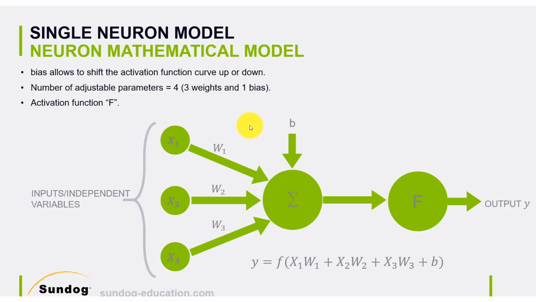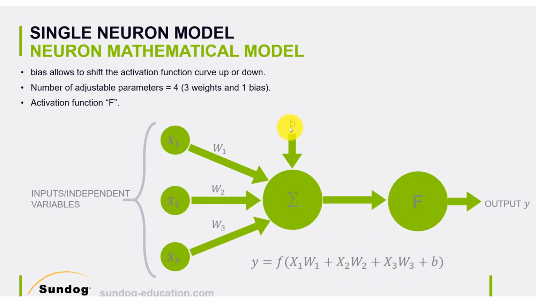So here, I have my inputs and my output y, and each of these inputs is going to be multiplied by weights. So I'm going to multiply x1 by w1, x2 by w2, x3 by w3, and then we're basically going to sum them up. That's the summation you can see here. Then I'm going to use what we call a bias signal.